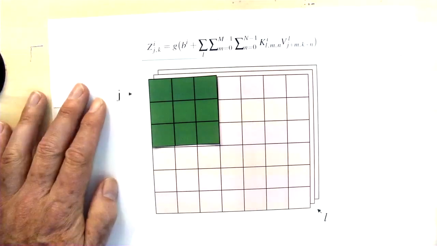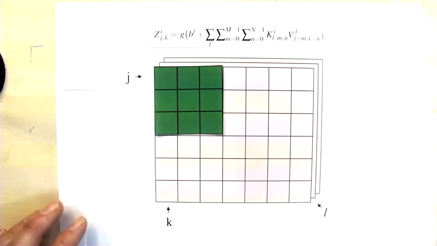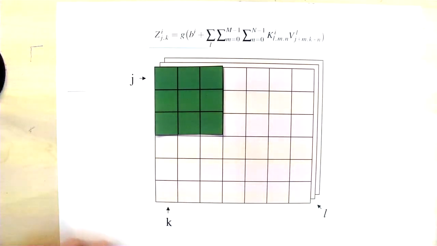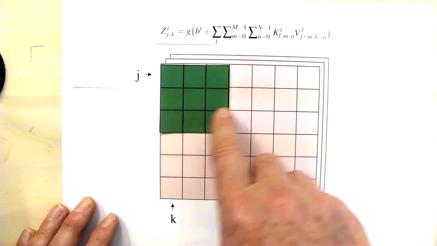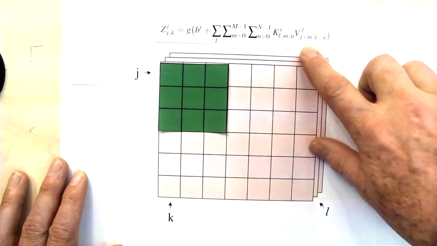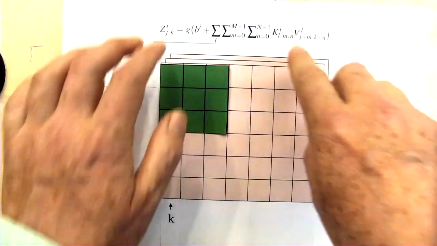Let's see, you have a particular pixel J and K. The row is J and the column is K. These numbers V represent the inputs.